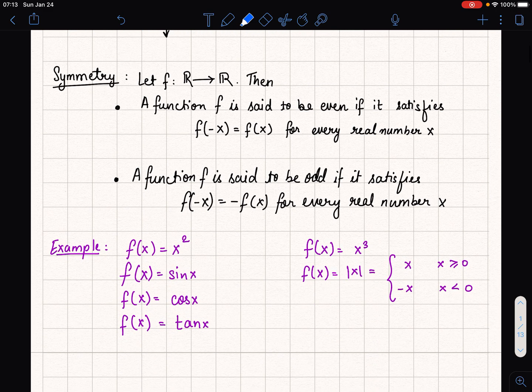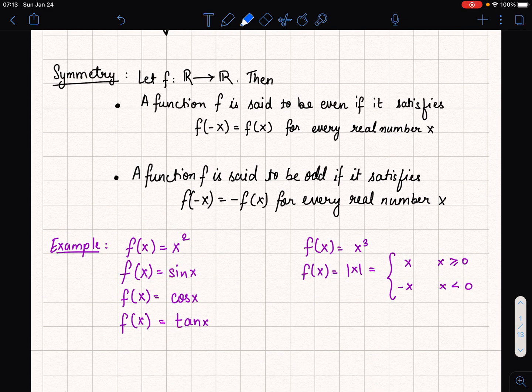We now move on to symmetry of a function. Let f be a function from R to R. You call these kinds of functions real valued functions, where f of x is a real number.